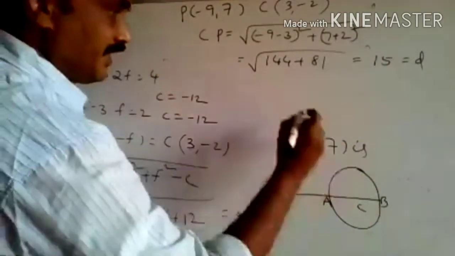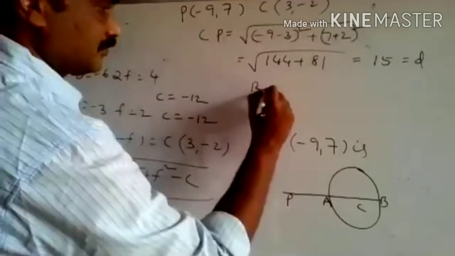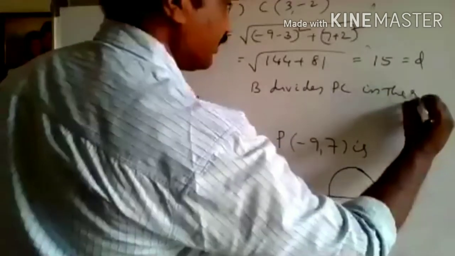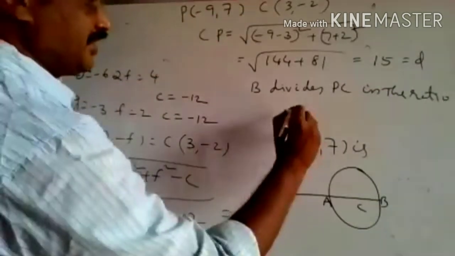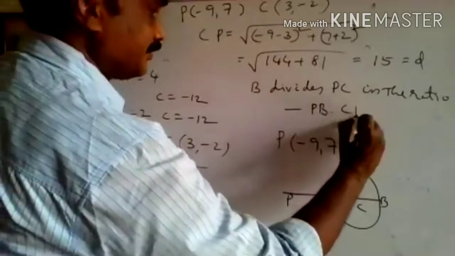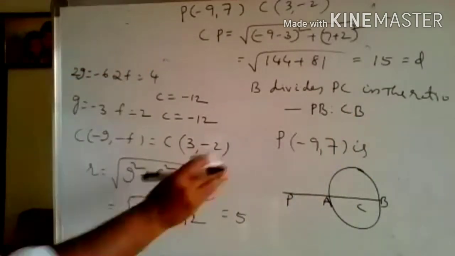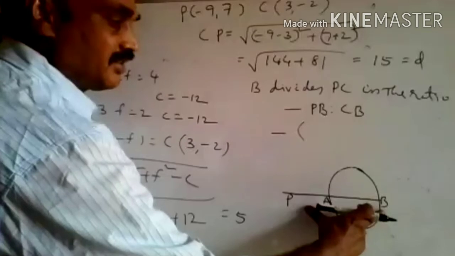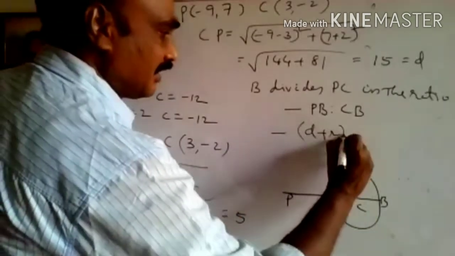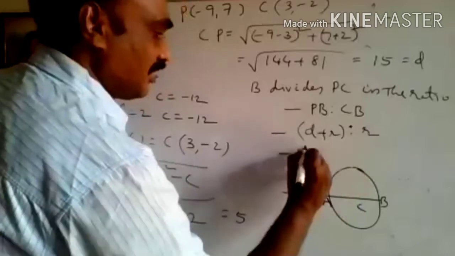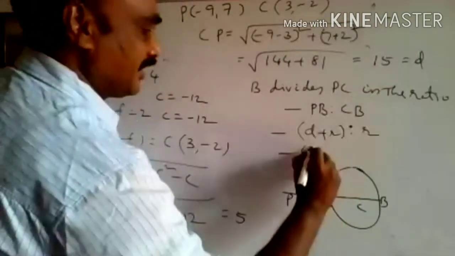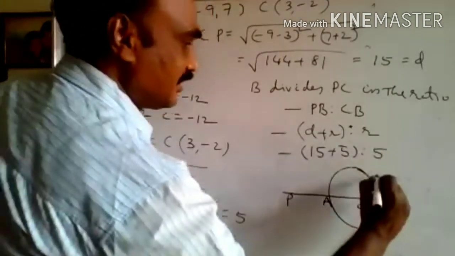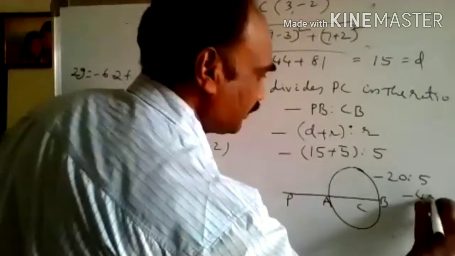Okay. Next, B divides PC in the ratio PB is to CB, that is, minus CB is to PB. PB means the longest distance, which is equal to the formula D plus R is to R minus D. D is equal to CP, which is 15, and R is 5. So it is 20 is to 5 with a minus sign, which is minus 4 is to 1.